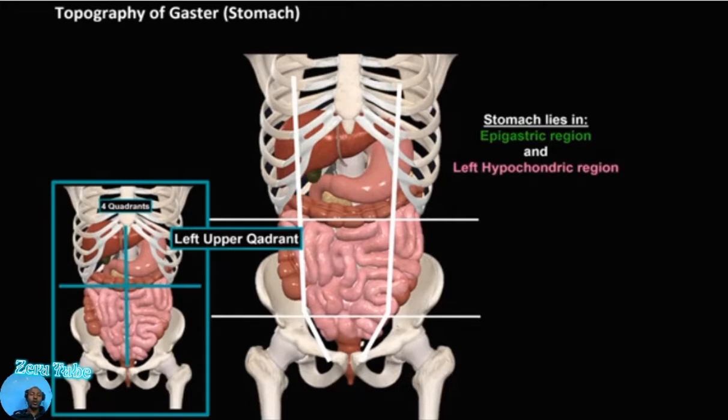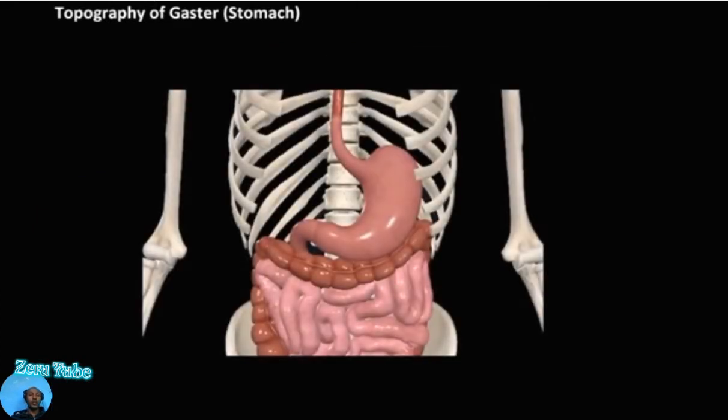So the left upper quadrant and the right upper quadrant, we can get the stomach into 2 quadrants. Most of the stomach part is located on the left upper quadrant, but some parts of the stomach is located on the right upper quadrant.